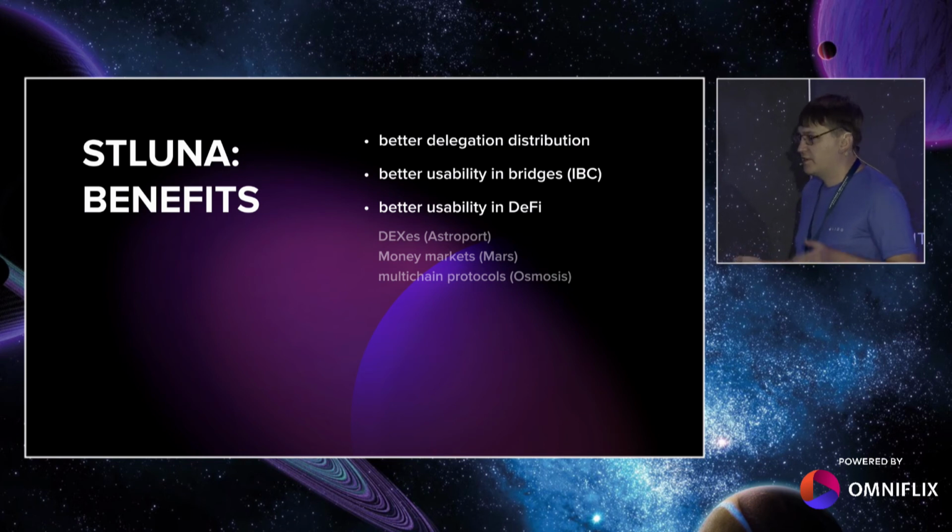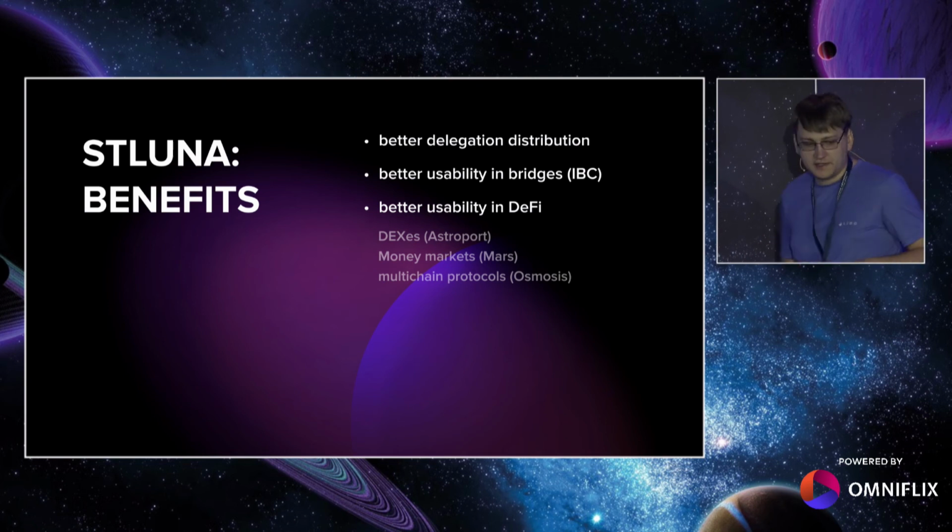It's like a constant value bullish token on Luna that can replace Luna in cross-chain DeFi, like on Osmosis. There is no sense to have a Luna token in a pair when you have a staked Luna token that gets you staking rewards on top.